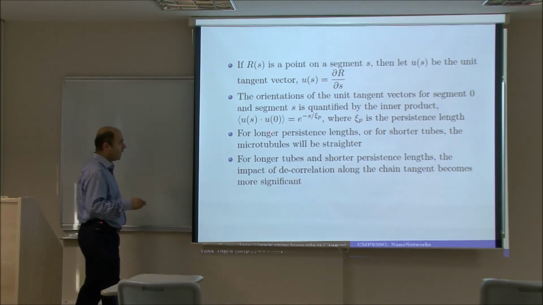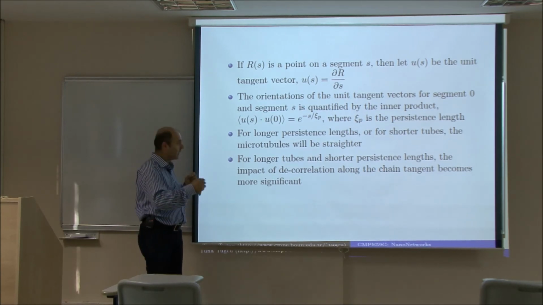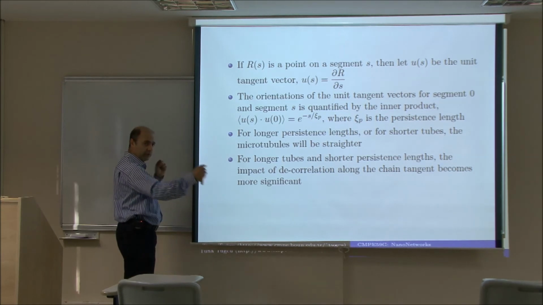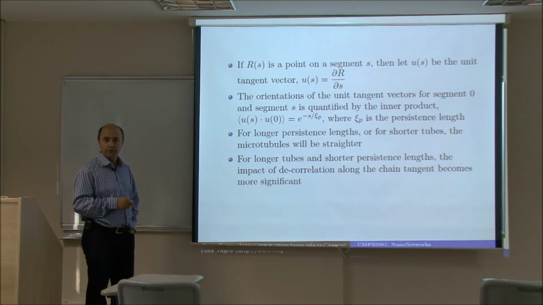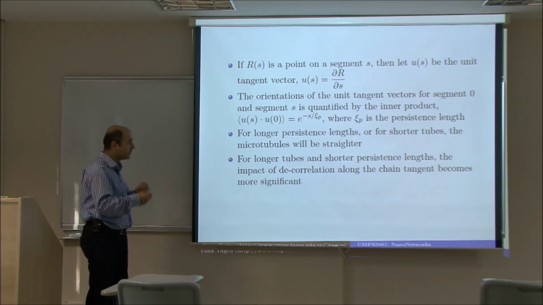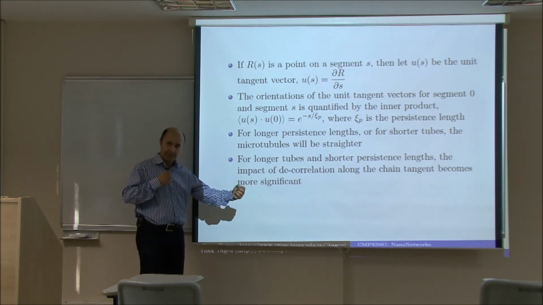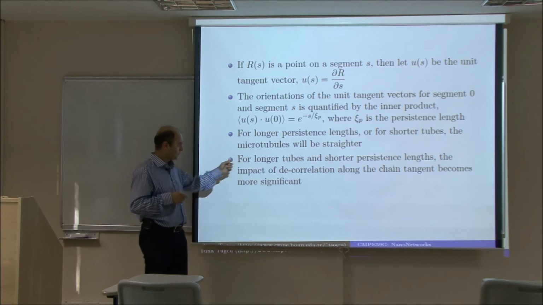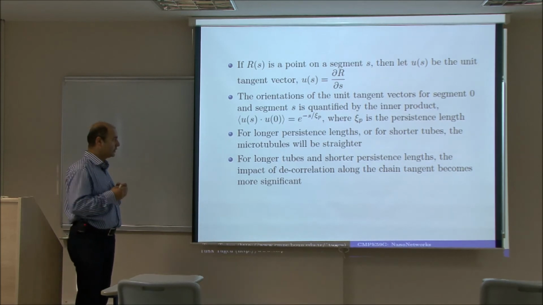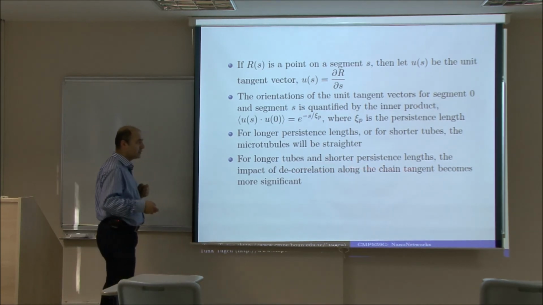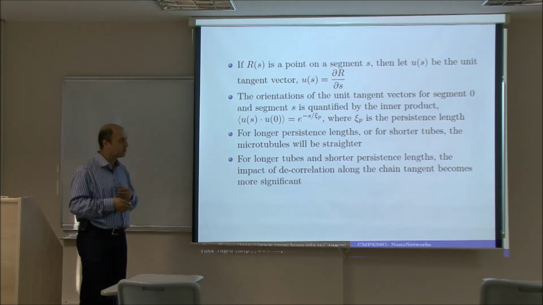Now, if you have longer persistence length, that means some long strip, or shorter tubes, okay, shorter rails, the microtubules will be, in that case, straighter. That defines a straight microtubule. Whereas, as the tubes get longer, or the persistence lengths get shorter, then the impact of decorrelation along the chain tangent becomes more significant, which means a curved structure of microtubules.